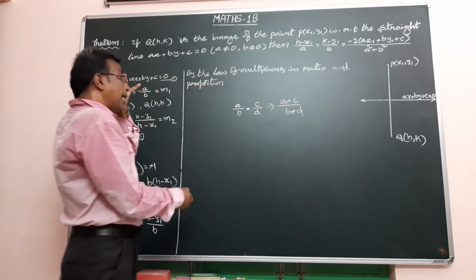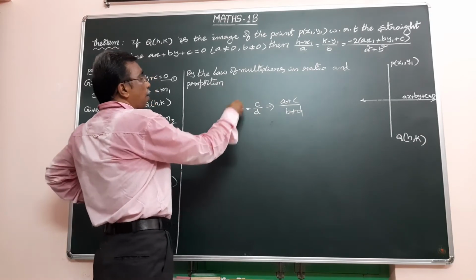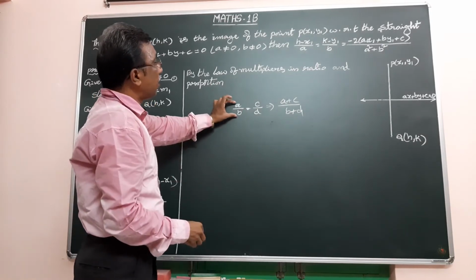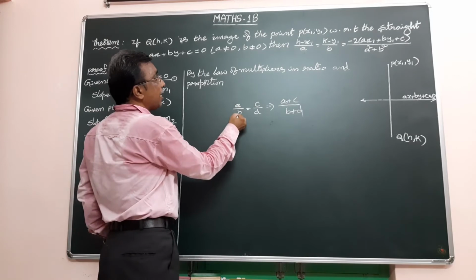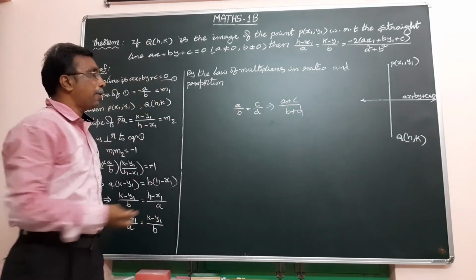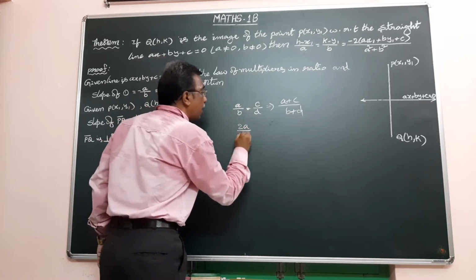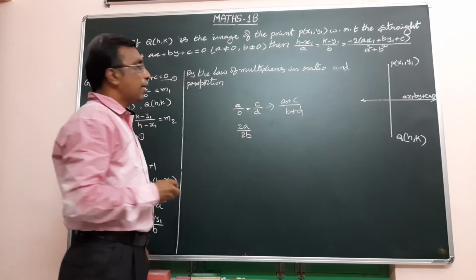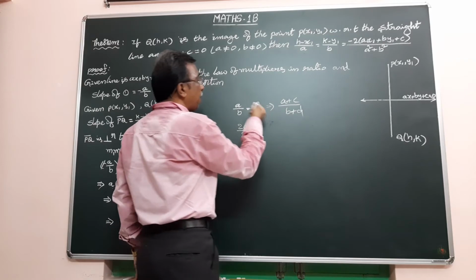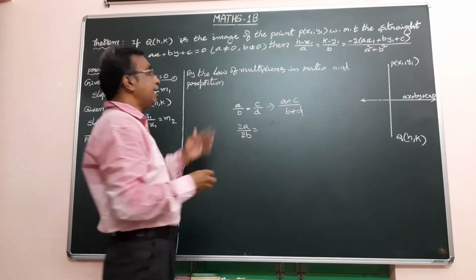Next, we take this one, numerator and denominator multiplied with the same number. 2a by 2b, multiplied with the same number, no change in that value.